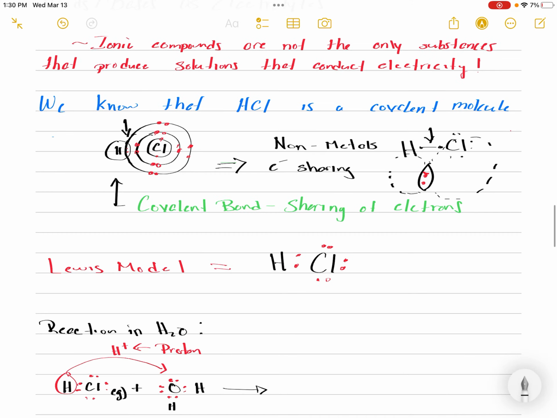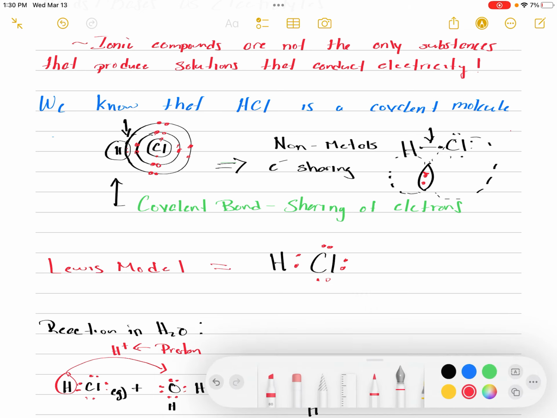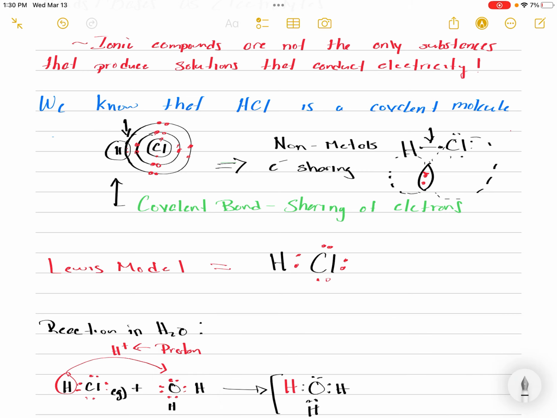So what does that look like? Well, 1, 2, 3, 4. Here's water, and then this hydrogen coming over is going to bond here. When that happens, somebody's carrying an extra proton, which gives it a +1 charge.